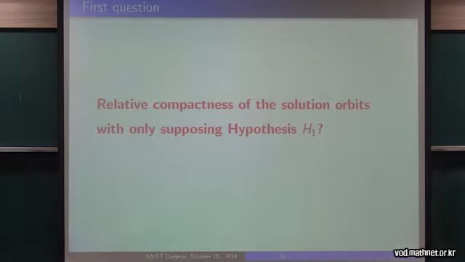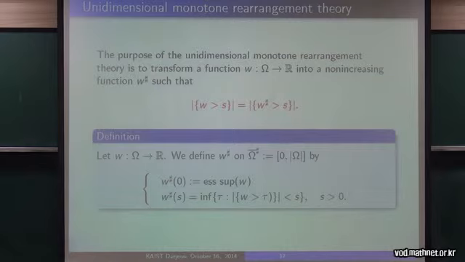So now the first question is, how do we prove the relative compactness of the solution orbits with only supposing this hypothesis H1, that is that u naught is bounded in L infinity. So then what we do is we transform our arbitrary dimensional problem into a one-dimensional problem by applying a unidimensional monotone rearrangement.